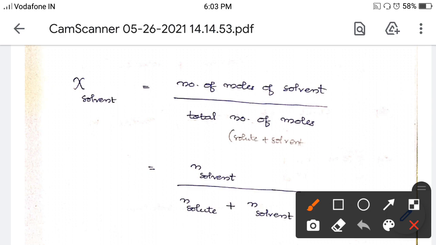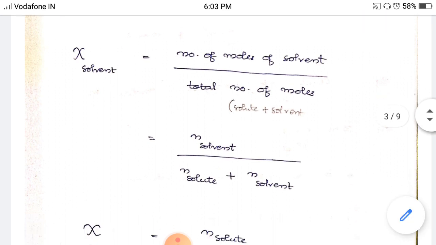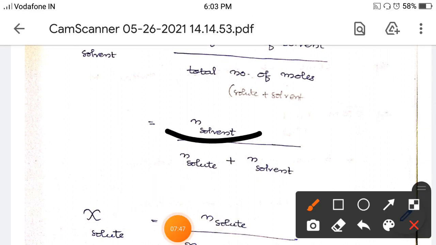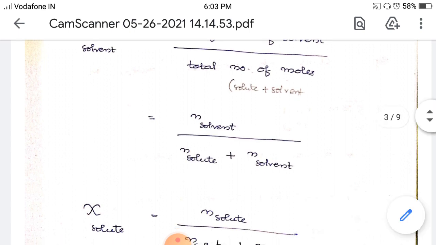The total number of moles is solute plus solvent. So chi solvent equals n solvent by n solute plus n solvent. It is a ratio.